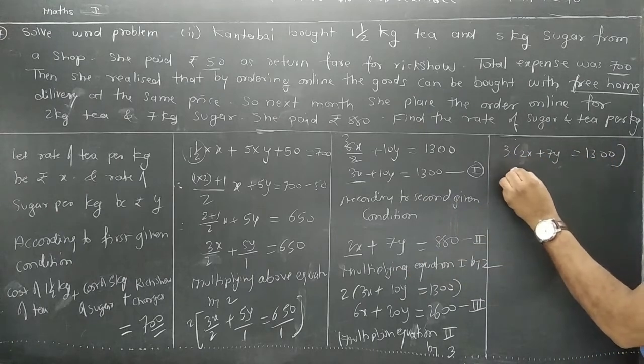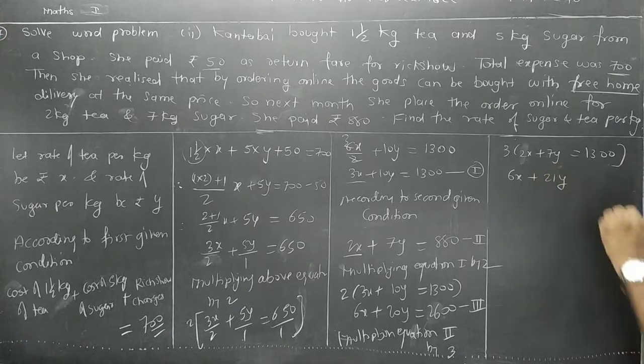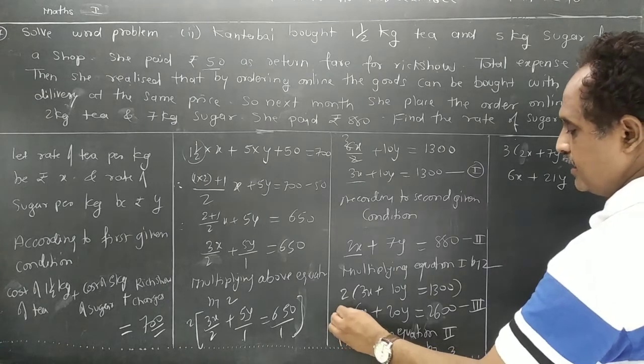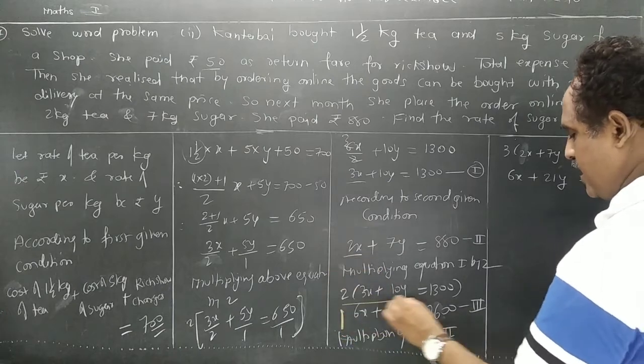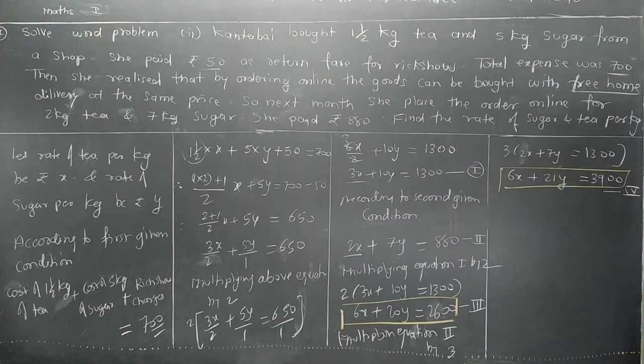So 2 into 3 is 6x plus 21y is equal to, 13 3s are 39. You got it? Equation 4. Now you compare equation 3 and 4. This is equation number 3. This is equation number 4.